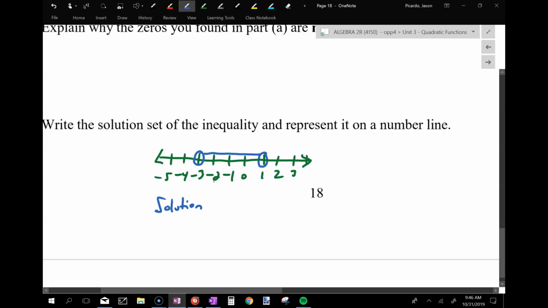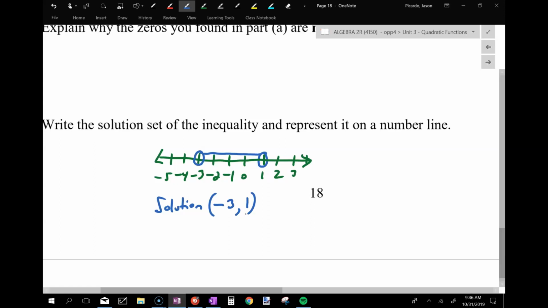So how do I write that as an interval? Do I put a parenthesis on that or a bracket? A parenthesis, right? And then my answer goes from -3 to 1, but not including 1, so I put a parenthesis on that, right? So my solution is everything from -3 to 1, but not including -3 or 1, right?